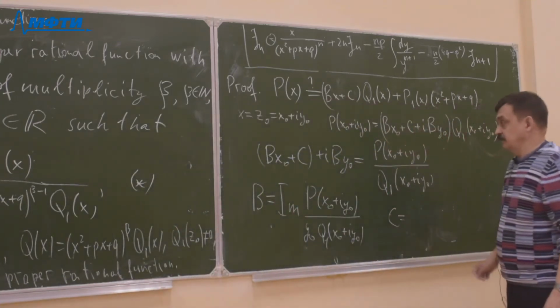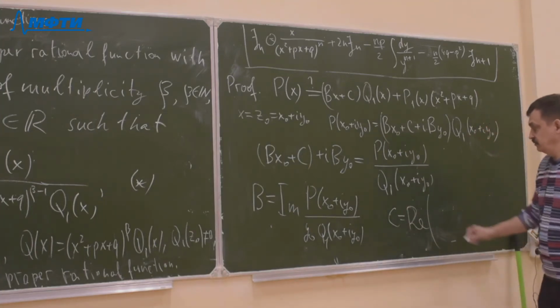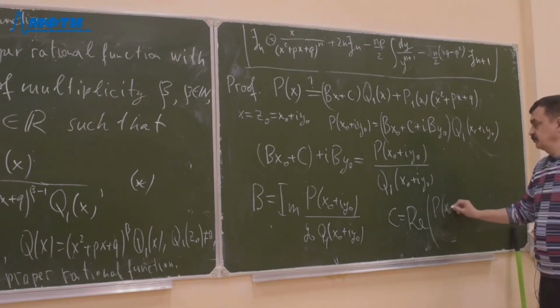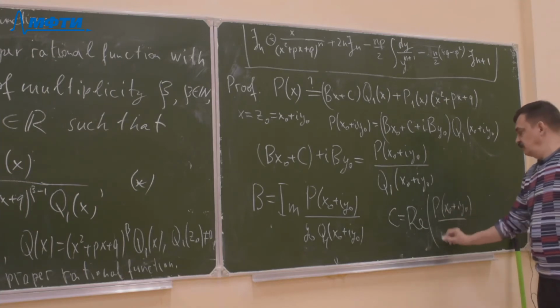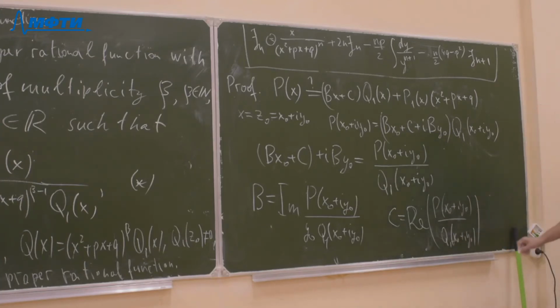You can write an expression explicitly. Real part of p of x naught plus I y naught over q1 x naught plus I y naught, right, minus b x naught. b is known now, right? b is real, x naught is real, so c can be written in that form.